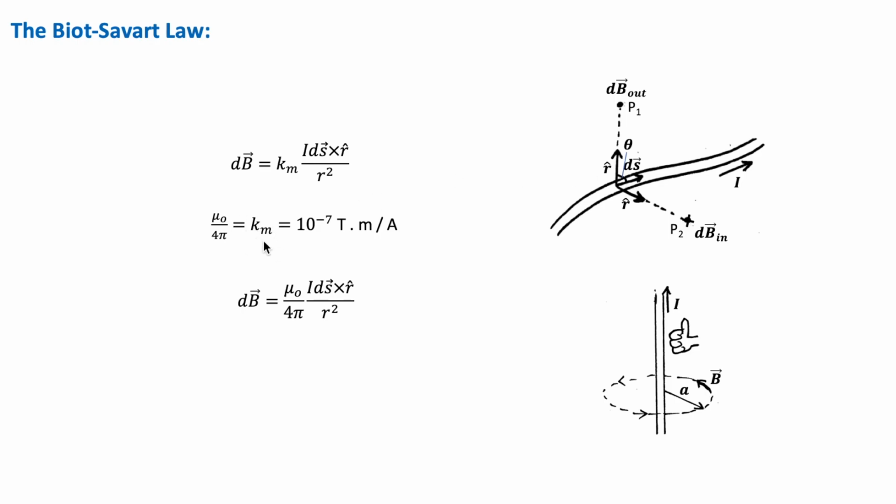Km is a constant equal to 10 to the minus 7 tesla times meter per ampere, and it usually is written as mu naught over 4 pi, where mu naught is the permeability of free space, okay?